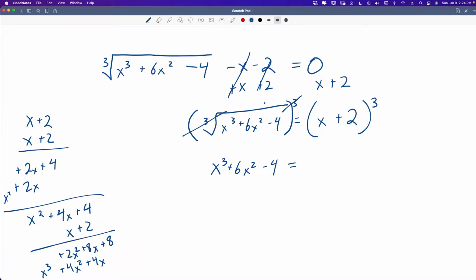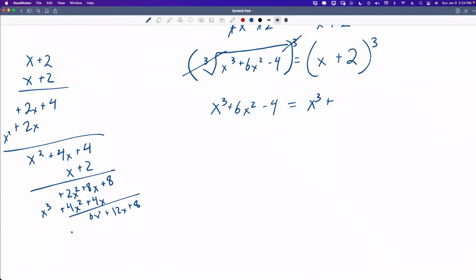So we write that on this side, and we say x cubed plus this becomes 6x squared, this becomes 12x, and this becomes 8, right? Let me scroll this up so we can see what we got better. So x cubed plus, that's how it combines. So we write that over here.